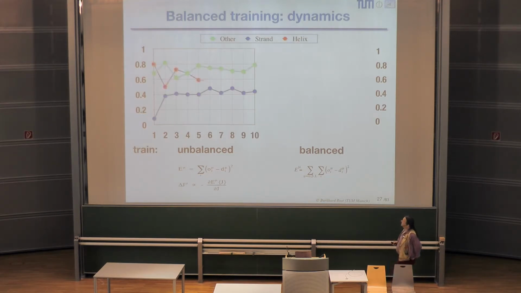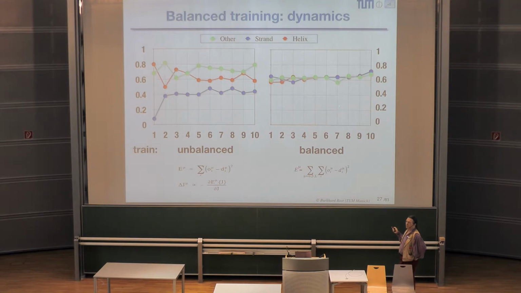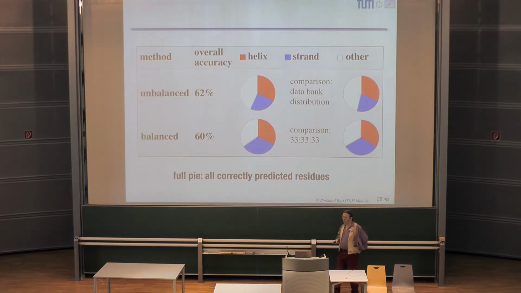Again, that's what I call unbalanced, the real data composition, and that's the balanced. So you see, your logic appears to be entirely confirmed here. You artificially change the database, and you get exactly what you want, namely an equal distribution.